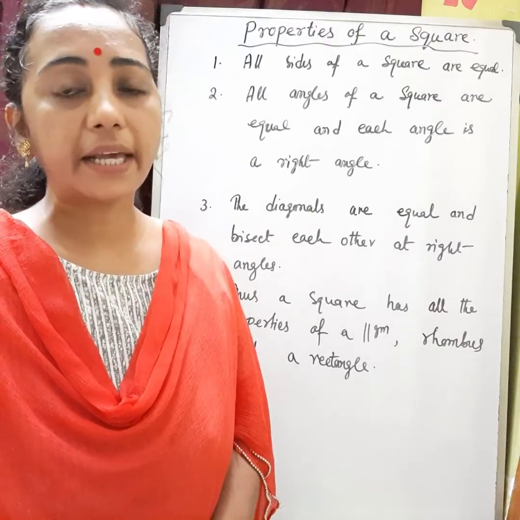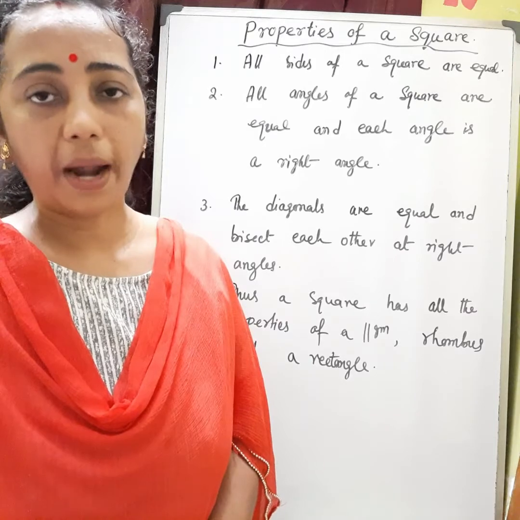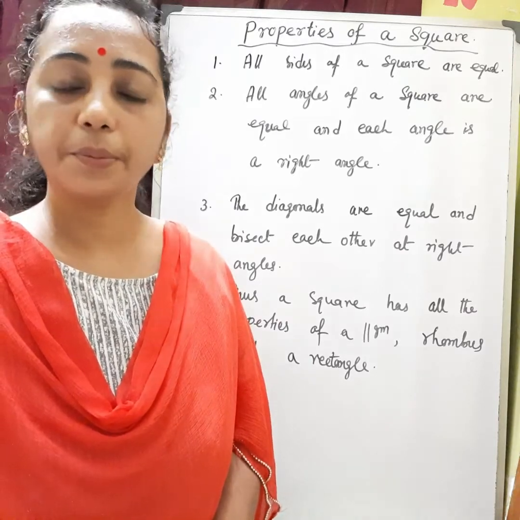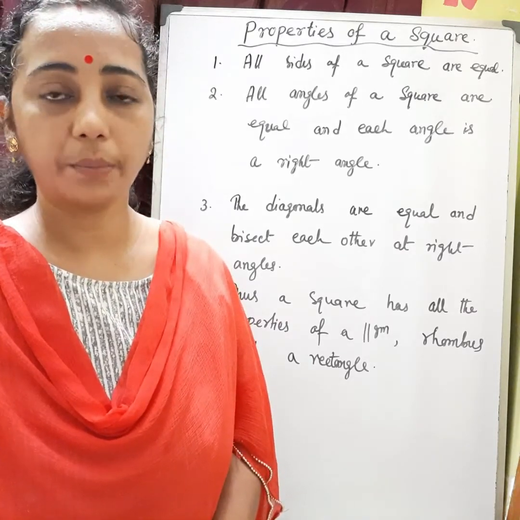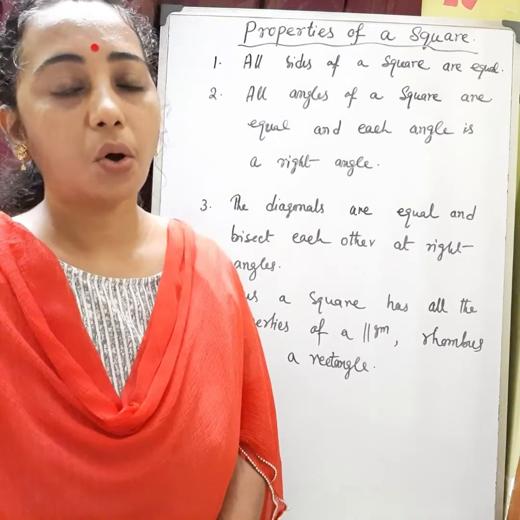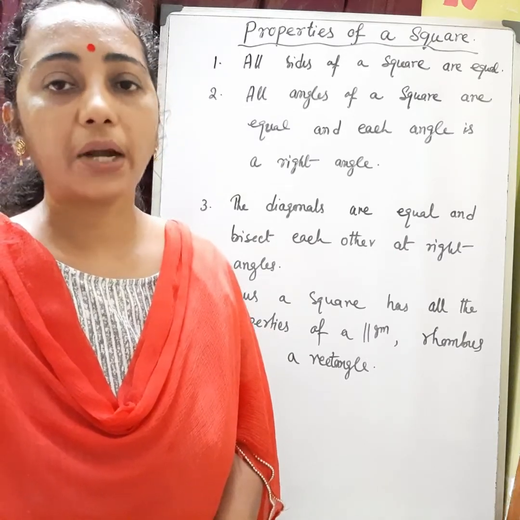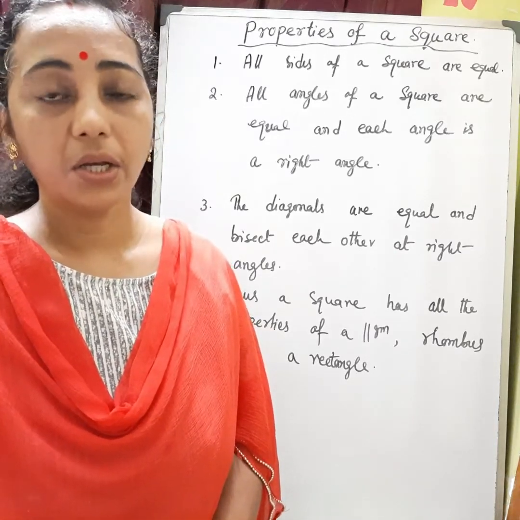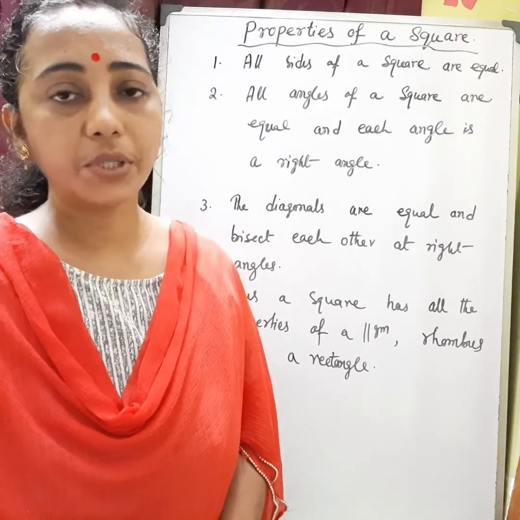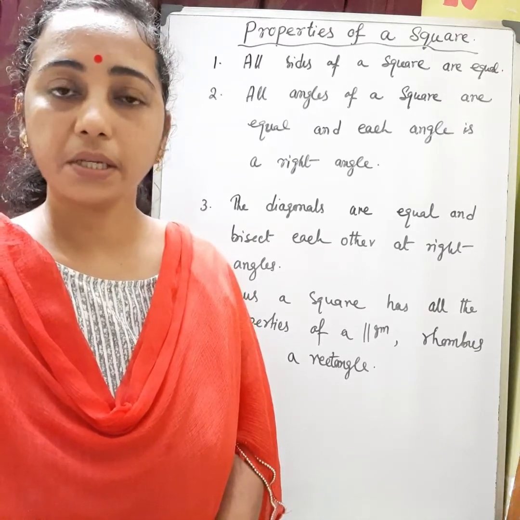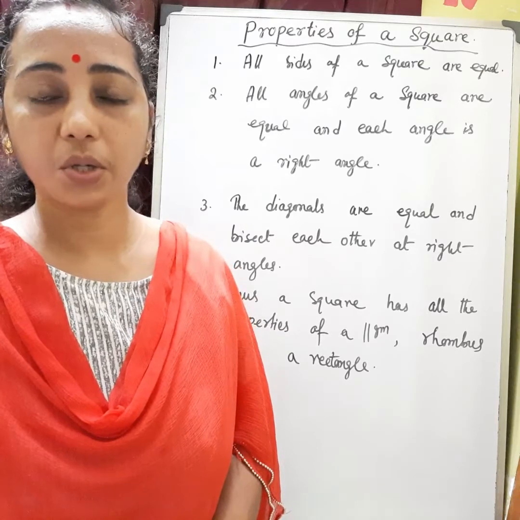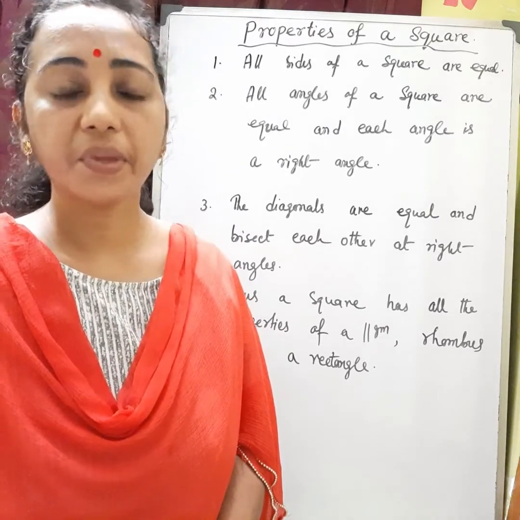Since we know that every square is a parallelogram, it has all the properties of a parallelogram. Also in a square, all sides are equal and opposite sides are parallel. So we can say that every square is a rhombus, so it has all the properties of a rhombus.